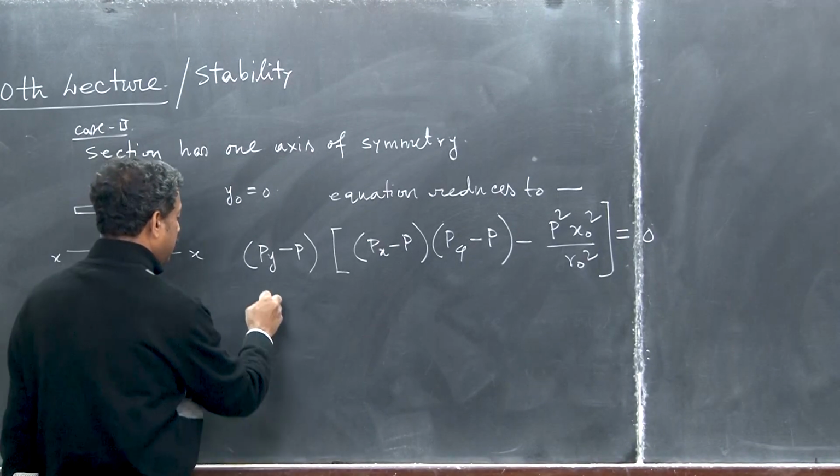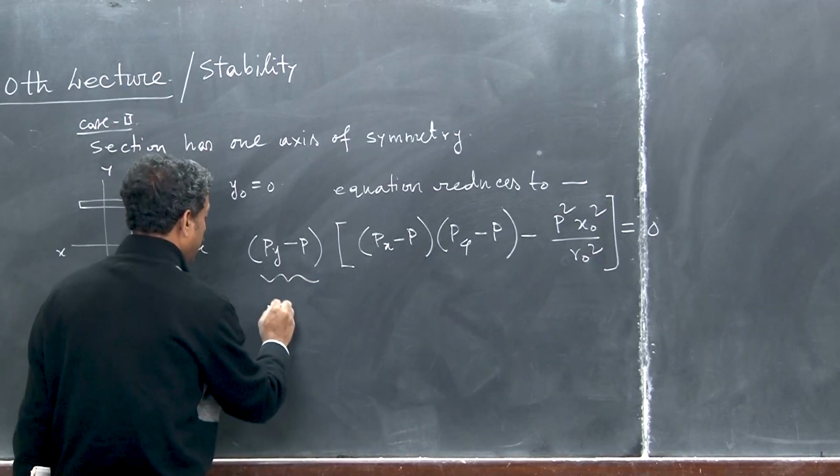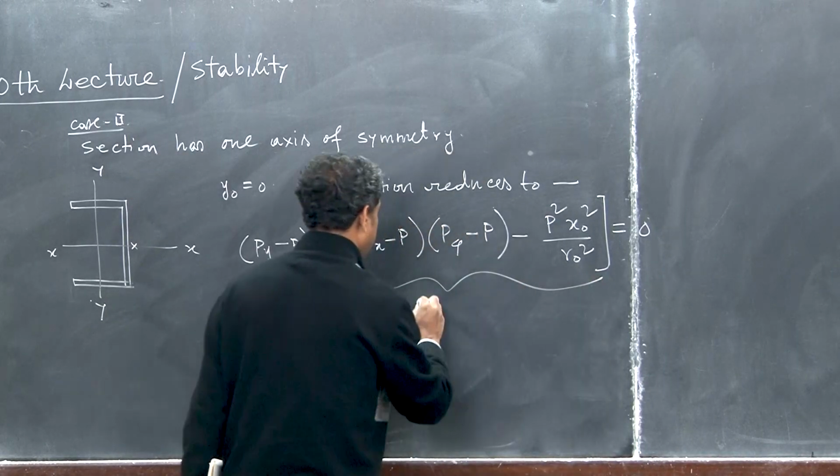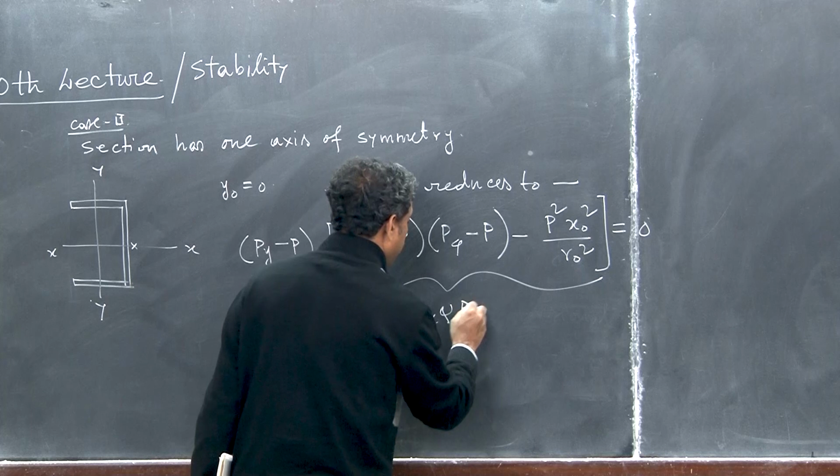Here you see that one root is of course P equal to Py, and the other is a combination of Px and P phi, right. Px and P phi are coupled.